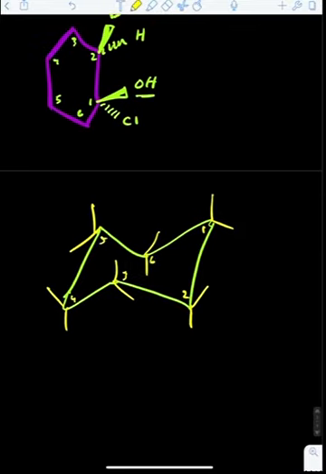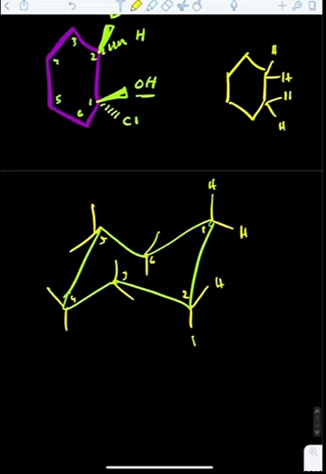So now let's think about what this would look like if this was just a regular cyclohexane. So we know all of these have just hydrogens on it, right? So that basically means that all these placeholder bonds are going to be hydrogens, right? And so forth.